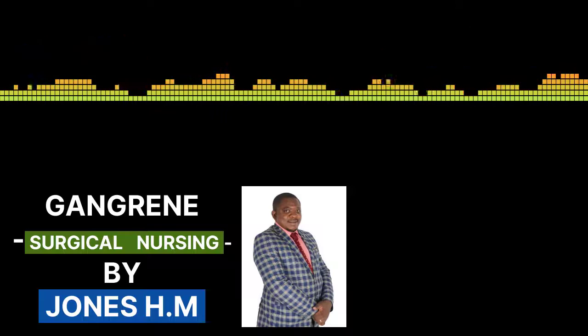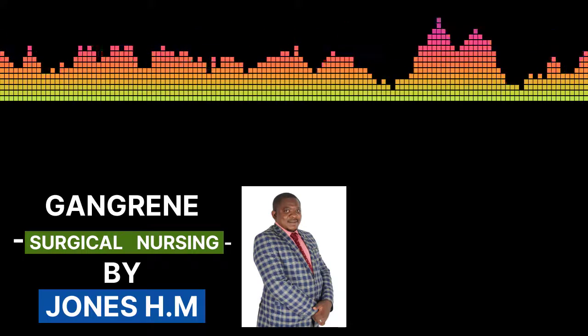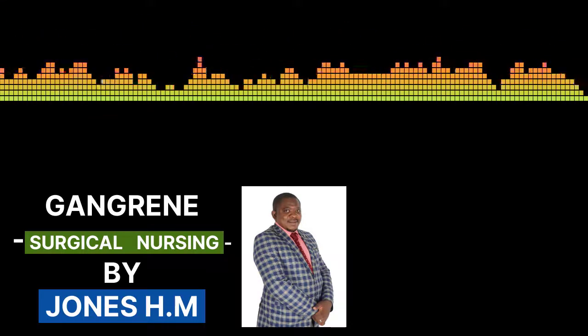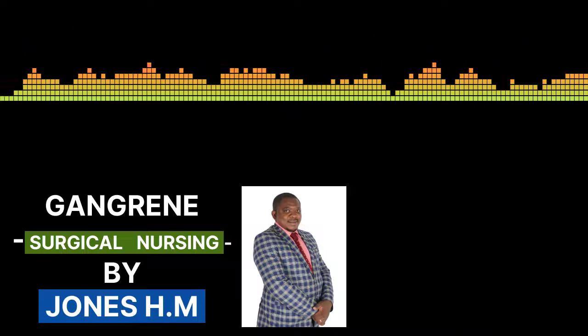Some points to note with gangrene. Gangrene may either be gas, dry, or wet. Let us understand what is meant when we talk about dry gangrene. This is a tissue death that occurs with no inflammation.